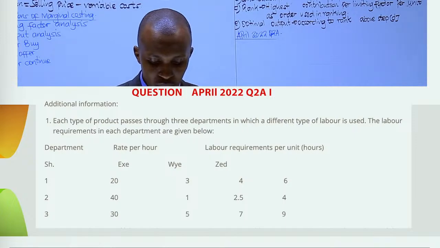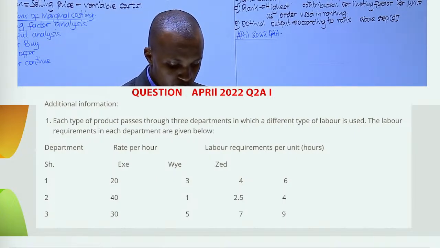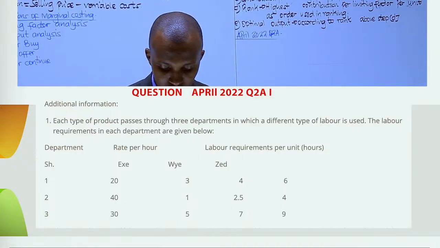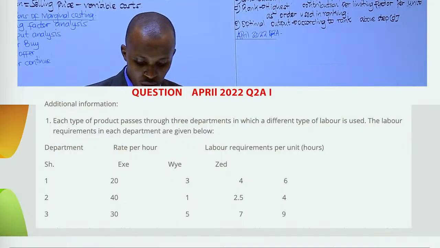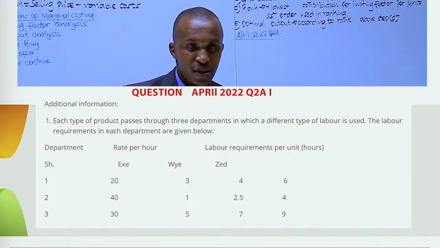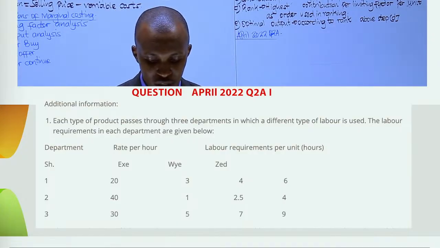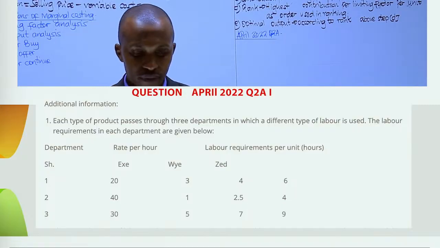Department 2, the rate per hour is 40 shillings per hour. Your labor requirements are 1 hour per unit in X, 2.5 hours per unit in Y, 4 hours per unit in Z. Department 3, your rate per hour is 30 shillings. Your labor requirements per unit of X is 5, Y is 7, and Z is 9.